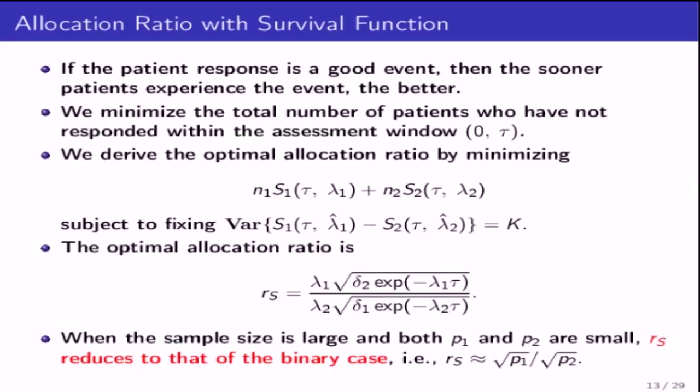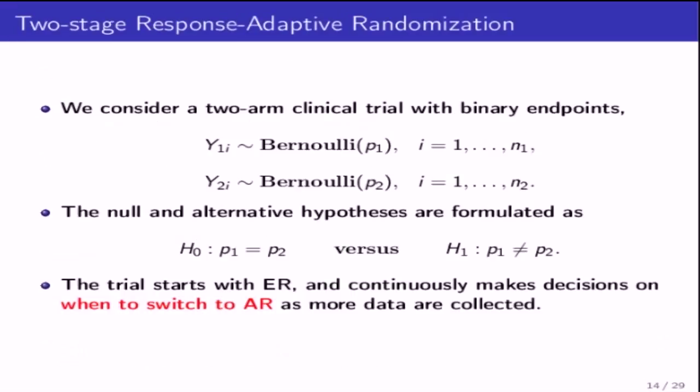Basically, it's N1 times S1 plus N2 times S2, subject to fixing the variance as a constant. So we can get another allocation ratio. The next feature of this allocation ratio is that if the sample size is large and if P1, P2 are small, then this R_S reduces to the binary case. And the binary case is what we have seen on the earlier slide, which is square root P1 over square root P2.